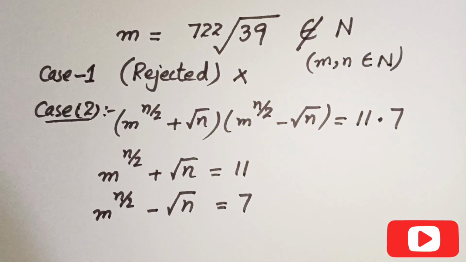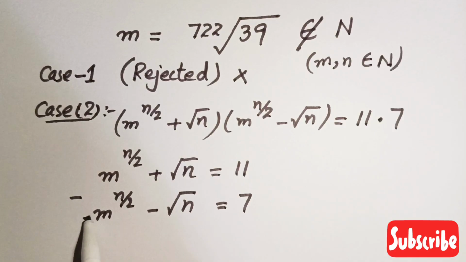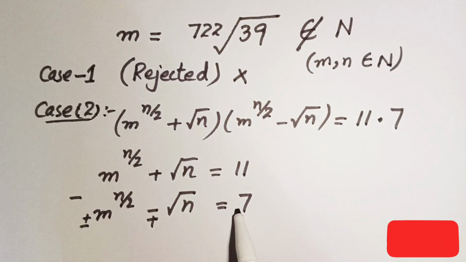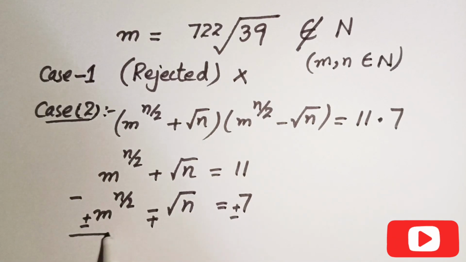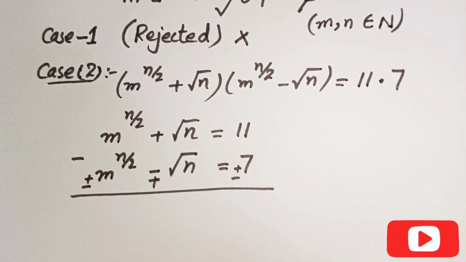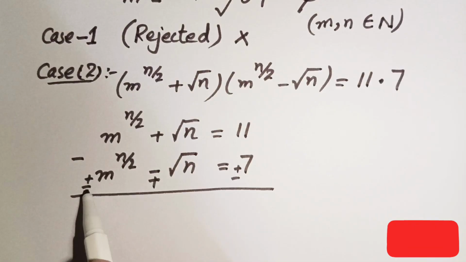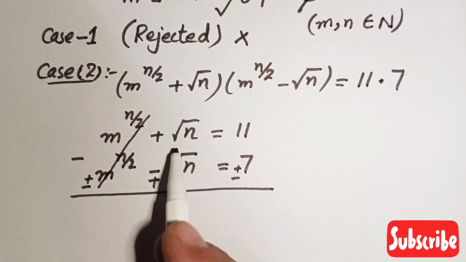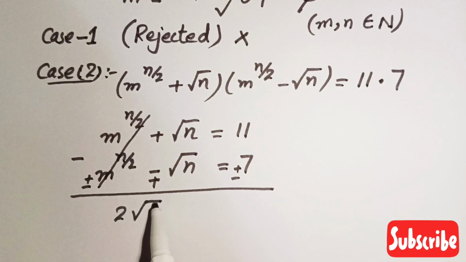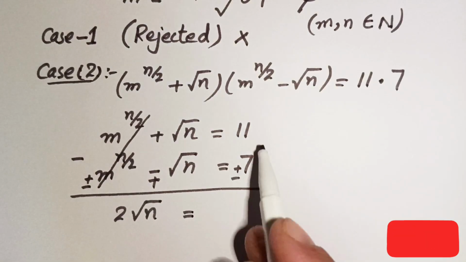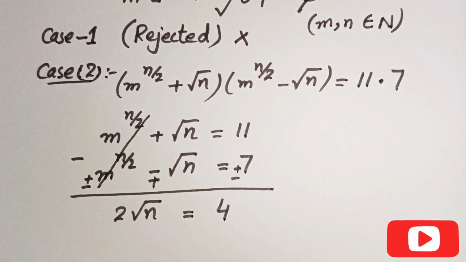Now again we are going to subtract these two equations, so plus will be converted into negative sign, negative into positive and positive into negative. Now the m terms cancel, so we will get 2 times square root of n is equal to 11 minus 7, which is 4.